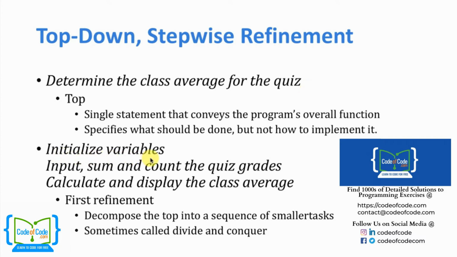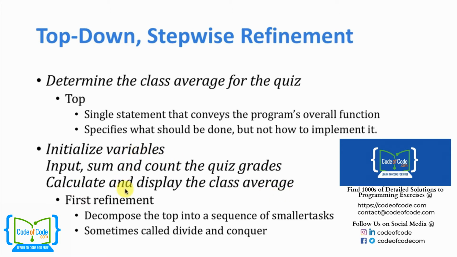A phase in which you initialize some variables, so we'll create some variables to help us perform the calculations. A phase in which you process the data. In our case, we're going to input, sum, and count all the grades. And then a process in which you display your results, a termination phase, if you will, and that's where we're going to calculate and display the class average.